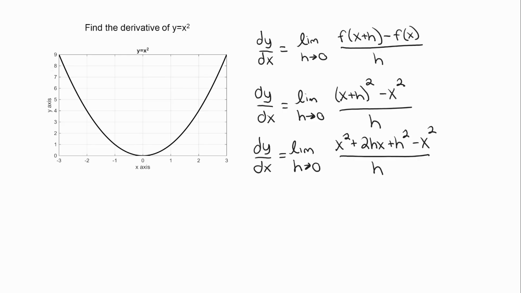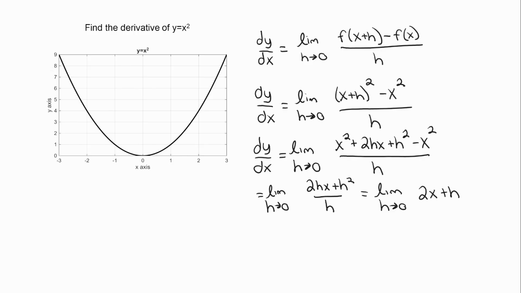And so we can rewrite it as the limit of h approaching 0 of 2hx plus h squared, divided by h. And now we can simplify some of these h's since we have h's in every single term on the top and on the bottom. We'll do the limit of h approaching 0, where the h's are canceled out, where we have 2x plus h.